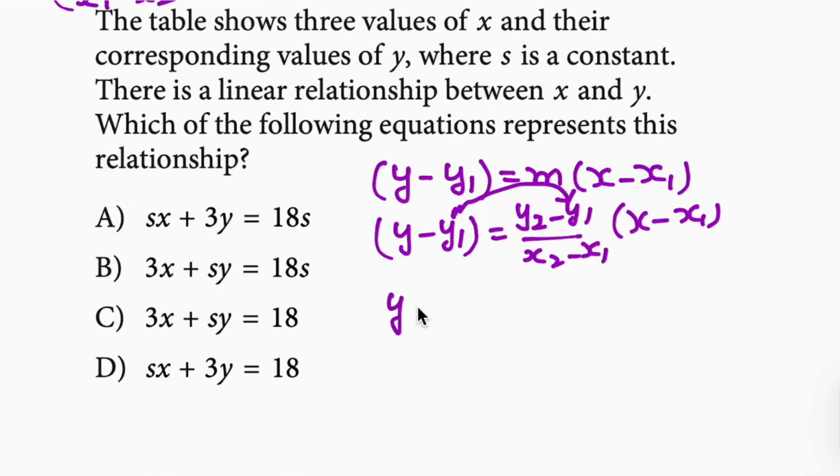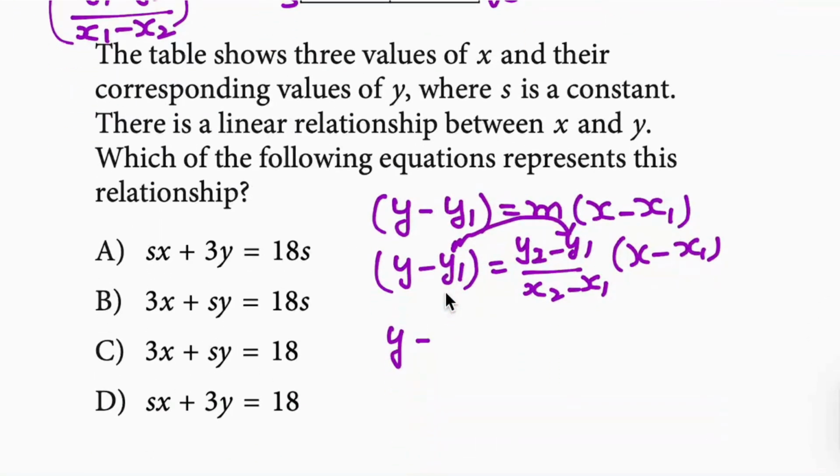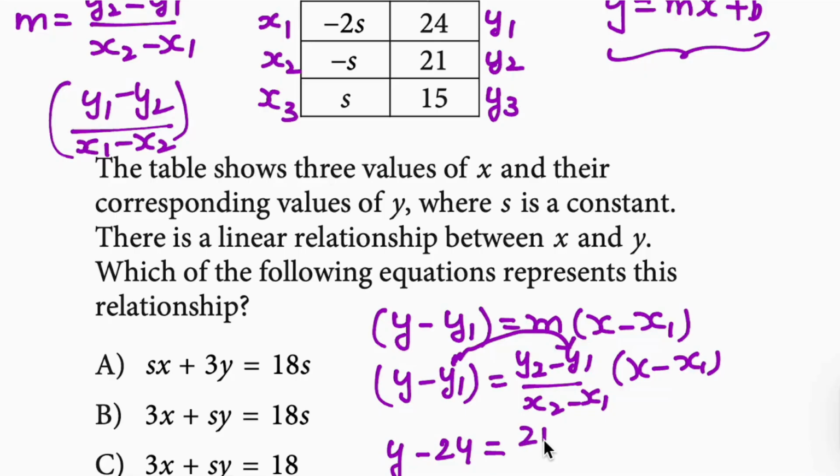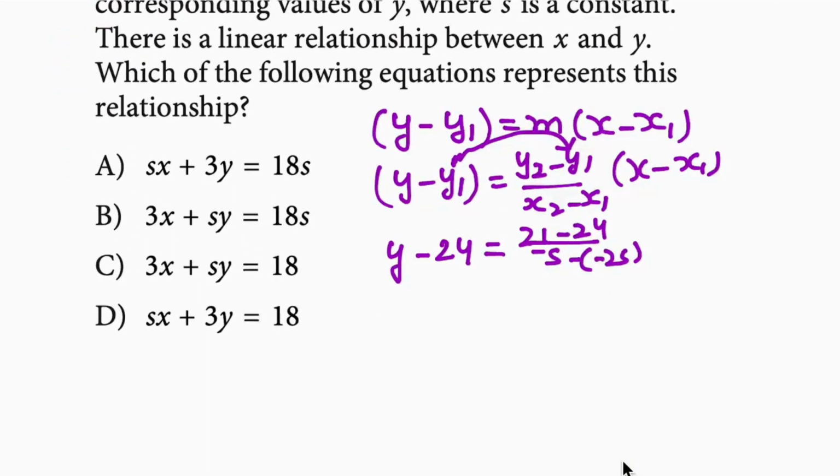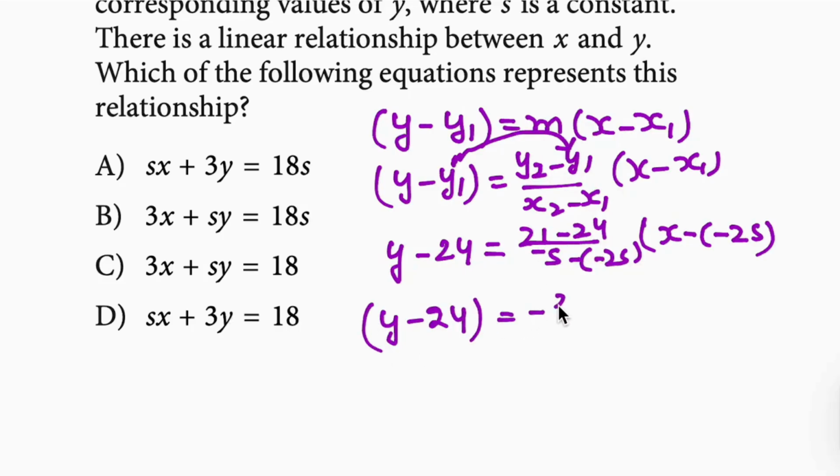Now let's put the values. Let's say y minus y1, 24, is equal to y2 minus y1 over x2 minus x1. Okay, let's do this. And x1 is minus 2s. y minus 24 is negative 3 over negative s plus 2s.